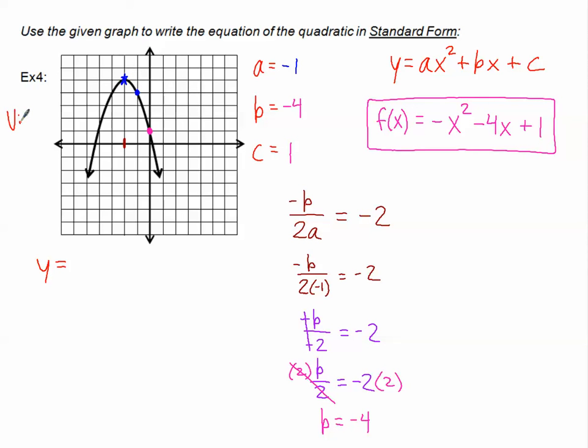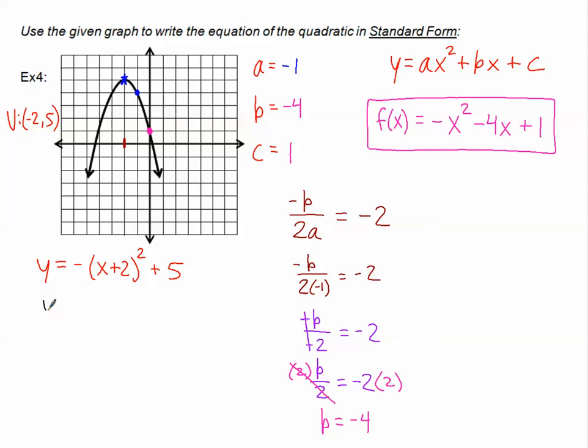Our vertex is (-2, 5). So if I wanted to write this in vertex form, a is -1 still, we knew that. So negative and then x plus 2 quantity squared, and then plus k, which would be 5. And then we can take this vertex form and FOIL out our quantity and simplify our terms, and we would get our answer that way.